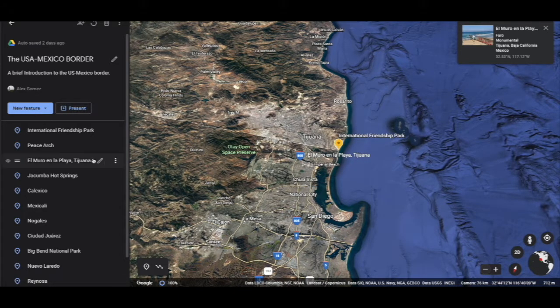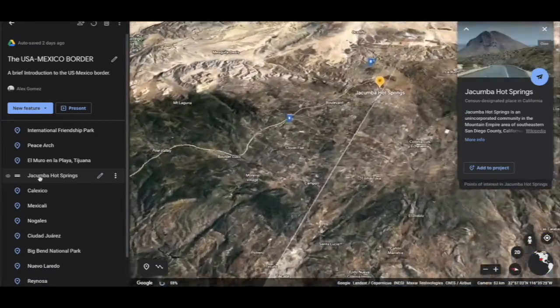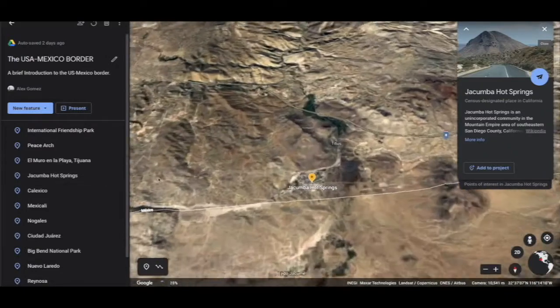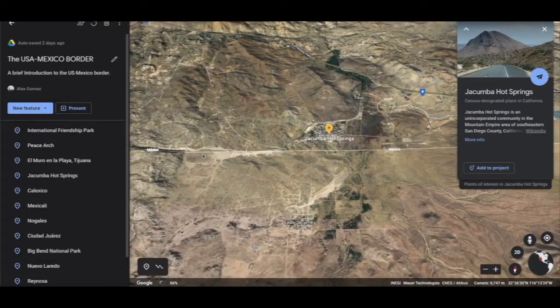So I wanted to go and zoom into Jacumba, and that's part of the border that we have. There's actually a border wall right here, and that was done in 1994 in the middle of the desert.